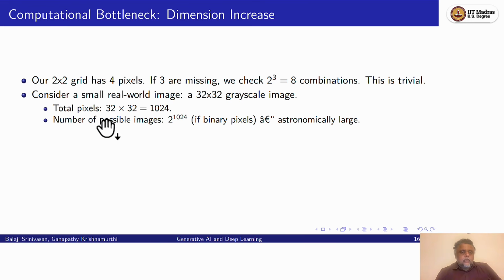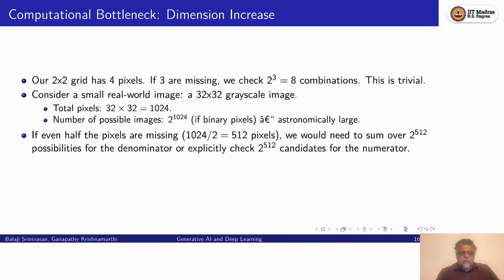That means the total number of possible images is 2 raised to 1024, if you are just considering binary pixels, 0 and 1. You can also imagine color pixels, and this is astronomically large. It's a very large number of images.